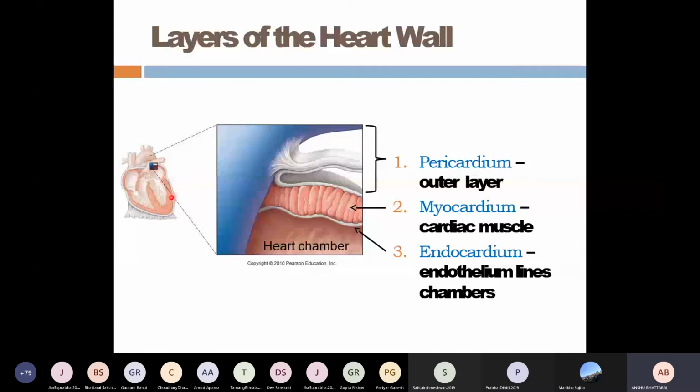Now, if we elaborate on endocardium a little bit, endocardium consists of endothelial cells as well as subendothelial connective tissue. So there is connective tissue present beneath the endothelial cells.